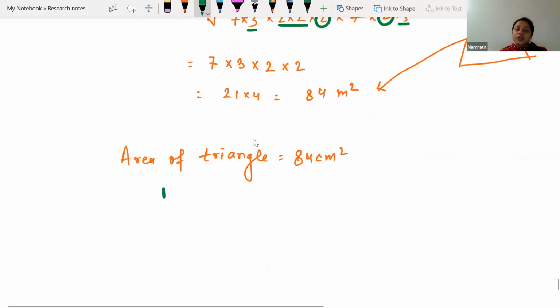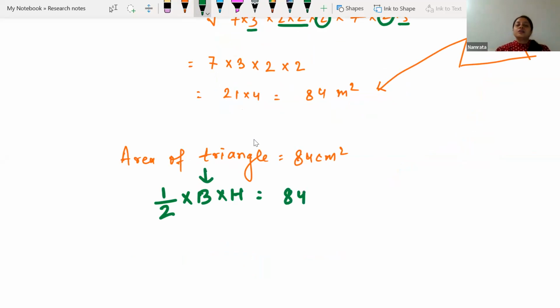So here I am going to write the older formula, 1 by 2 into base into height, because on day 1 only I have shown you whatever method you use to find the area, everything will give you the same answer. Older method, new method. If you are talking about one triangle, by using both methods you will land at the same place. Okay, so that's why I am writing the older formula here, equal to the area of the triangle, the value that is 84 centimeter square.